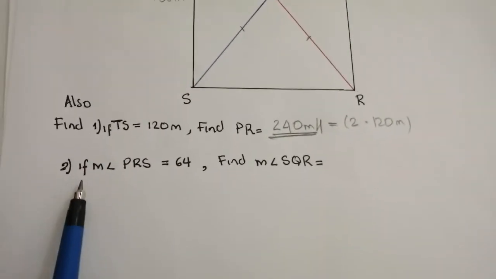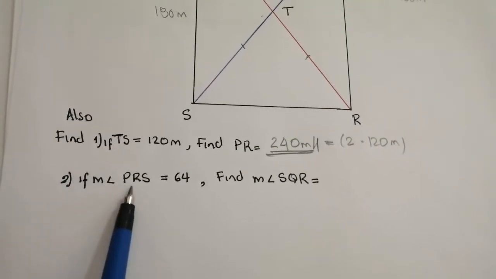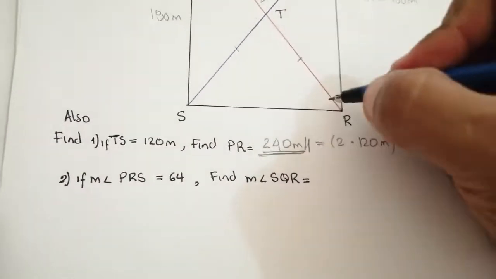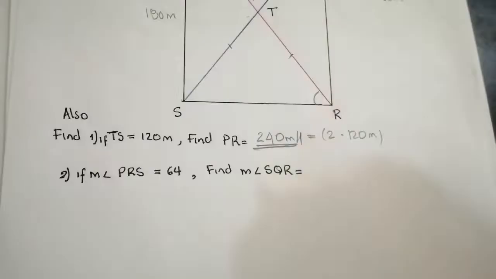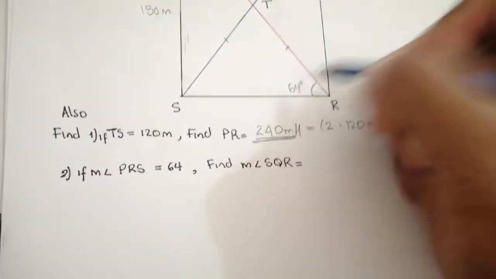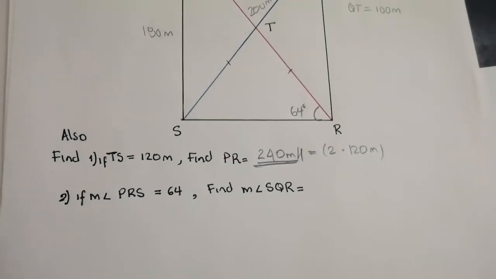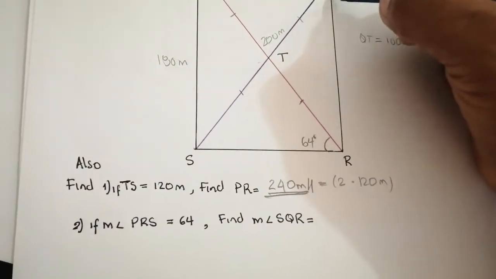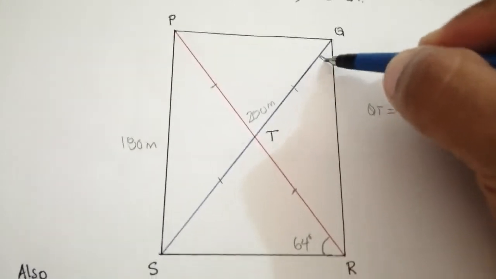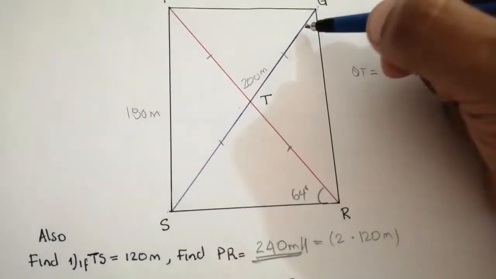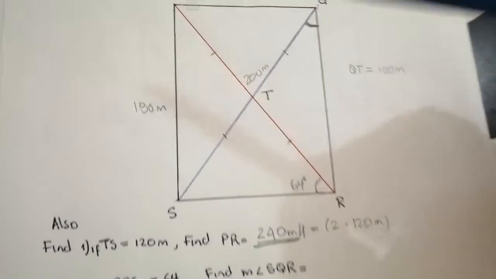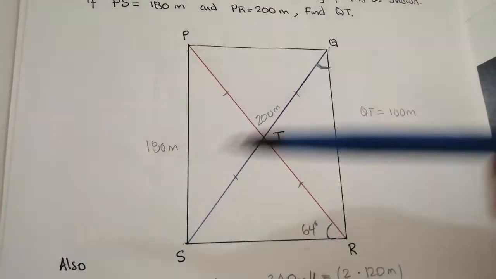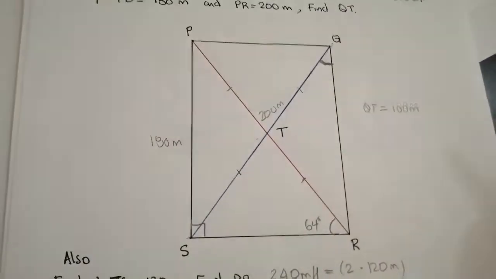In the second problem, they said if the measure of angle PRS, so they refer to this angle here, is 64 degrees, find the measure of SQR. SQR is this angle up here. If I consider the triangle PSR, we know that S is 90 degrees.